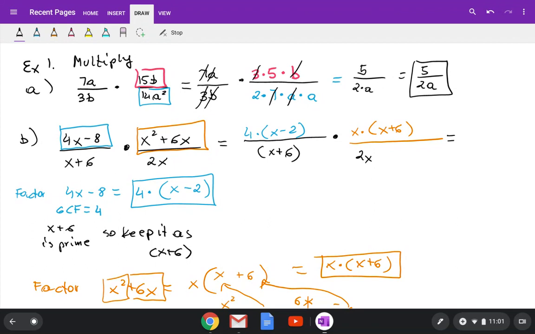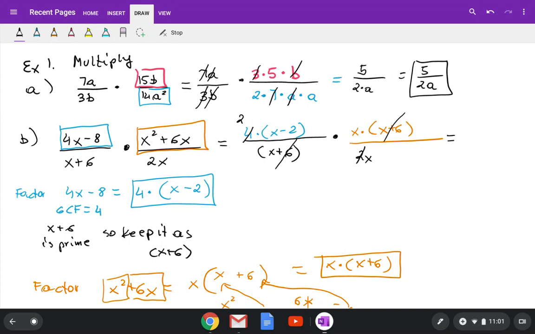Now I'm going to look at what I can cancel. You can always cancel the repeating expression, which repeats on the top and on the bottom. So I have x minus 2, I cannot cancel. I have 4 and 2. So 4 is the same as 2 times 2, so they will cancel. Here I will end up with 2. Then I have x plus 6 on the top, and x plus 6 on the bottom.